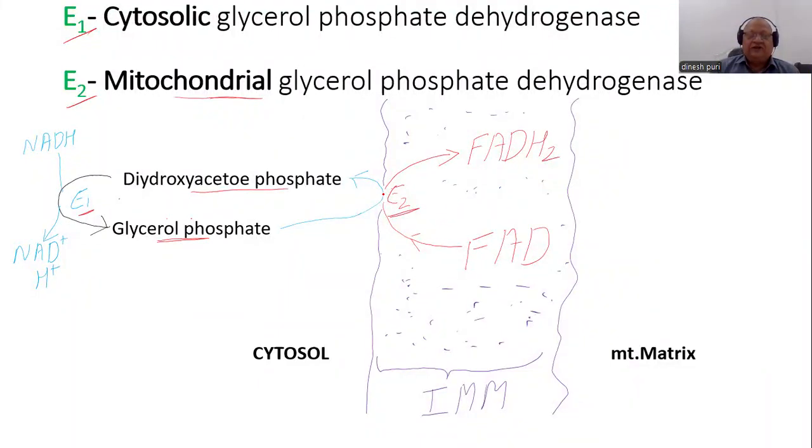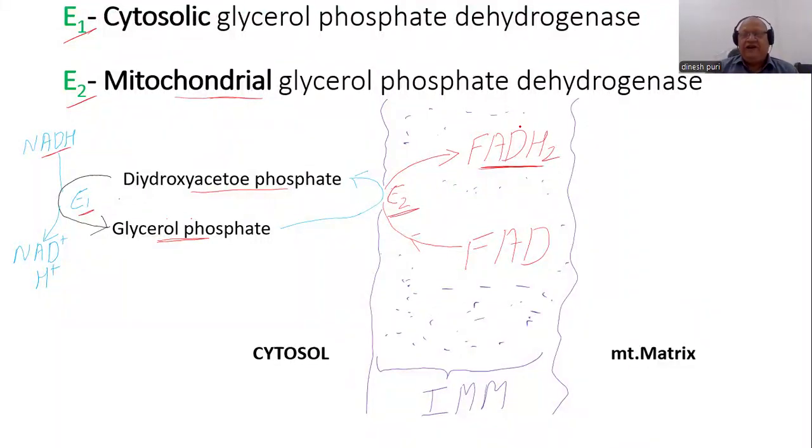The cytoplasmic aspect of this enzyme transfers the reducing equivalent from glycerol phosphate to FAD, resulting in generation of FADH2. And of course, dihydroxyacetone phosphate will be formed. But more important, FADH2 is produced, which is now carrying the reducing equivalents present originally in the NADH.